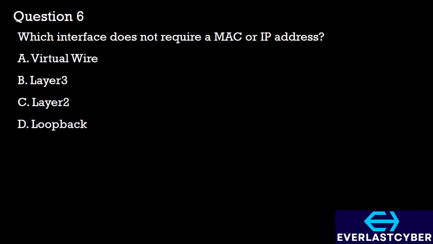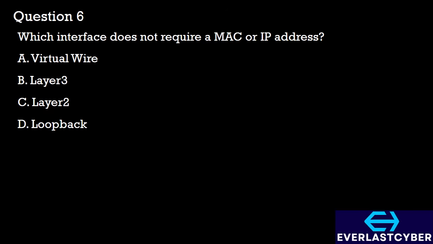A layer 3 interface uses an IP address to facilitate routing and to assign the device to a specific subnet for communication with other devices at the IP layer. A layer 2 interface requires a MAC address to handle data link layer functions like forwarding traffic within the same network segment, while a loopback interface requires an IP address, and this is often used for management and diagnostics.